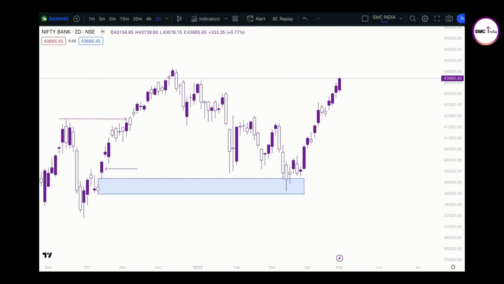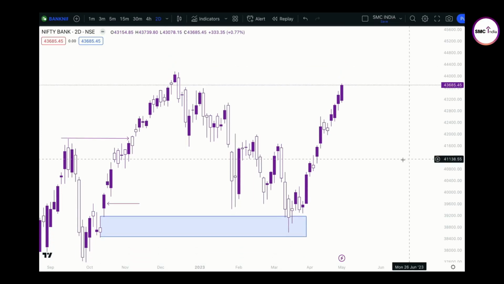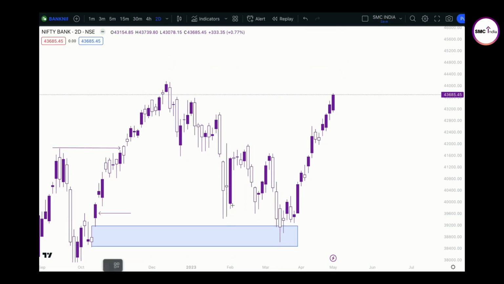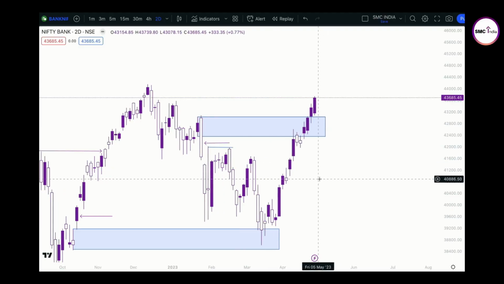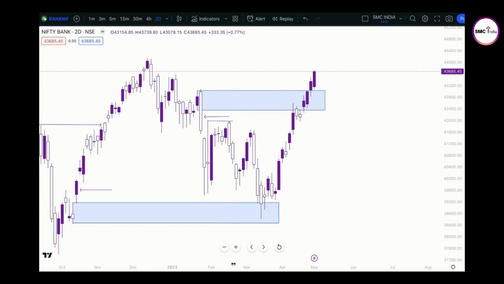And for this move up, you could see that there is another supply order block here. There is imbalance, but this imbalance is filled and it shot down again, but this imbalance is not yet filled, and it creates liquidity up here. So the price is going to retrace back, fill this imbalance, grab this liquidity, and then shoot up.